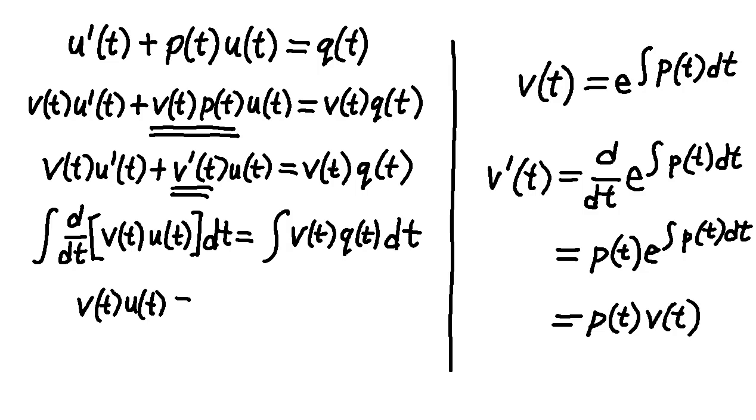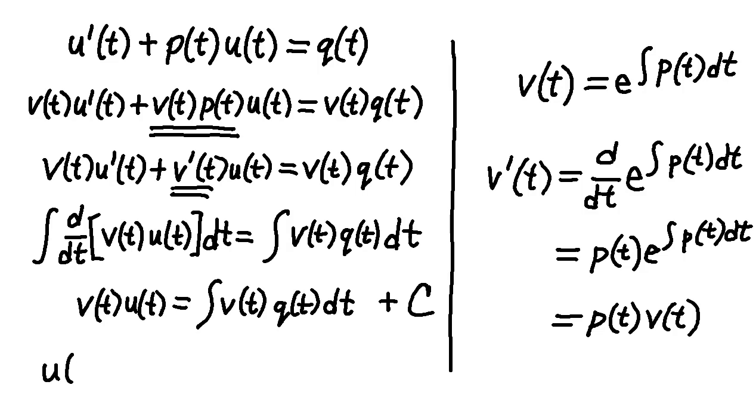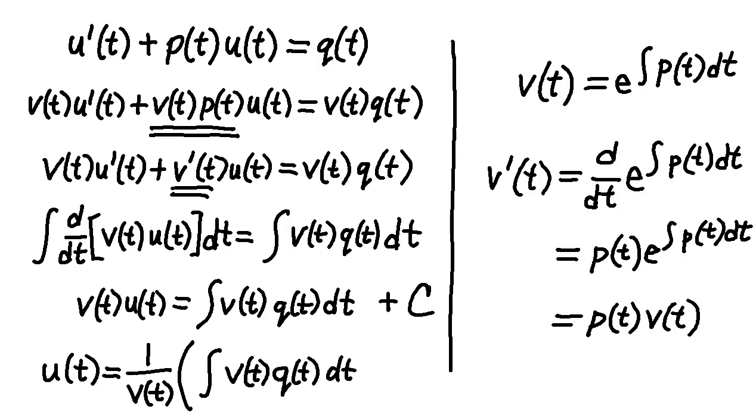It also leaves us with an integral on the right, but because that integral involves only known functions, we should, with any luck, be able to evaluate it. When we do evaluate the integral on the right, we must include the constant of integration. Once that's done, we need only divide both sides of the equation by v of t to obtain a formula for u of t. To be clear, this formula actually represents a family of functions whose members satisfy the differential equation.